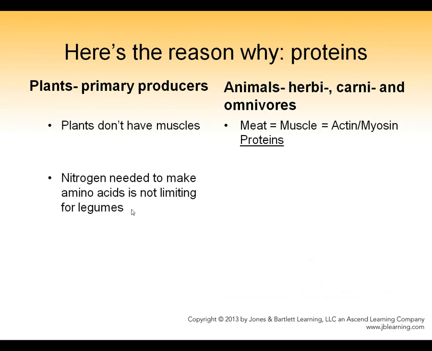Now, why is it that legumes, the class of plants that are called legumes, have more protein in them? The reason is that legumes, what makes them legumes, is they have the enzymes needed to take nitrogen gas from the air and turn it into a form of nitrogen that they can use.